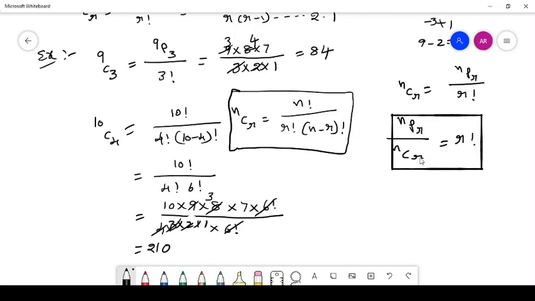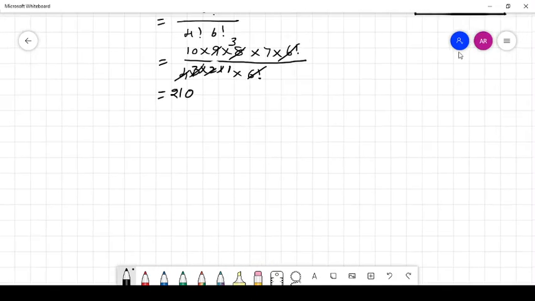This is the important result. nPr by nCr is r factorial. Some more important result. Note down.